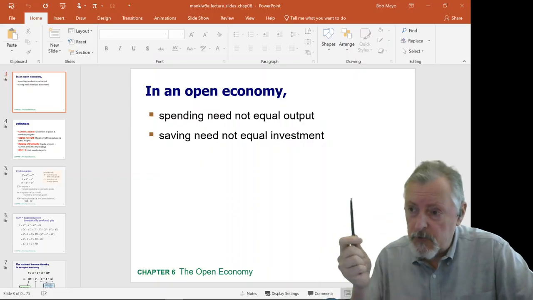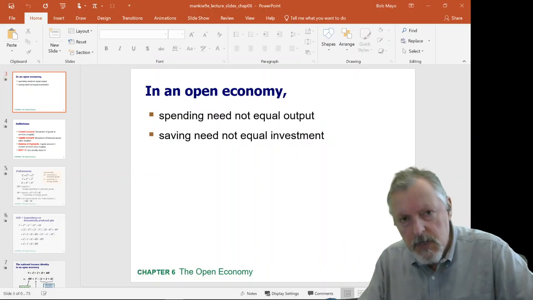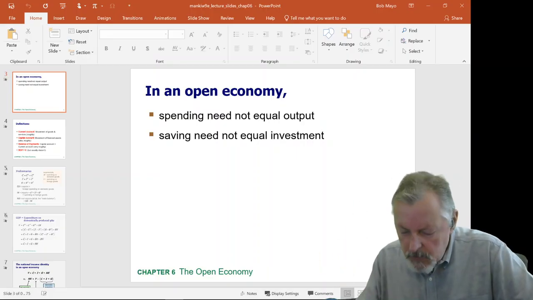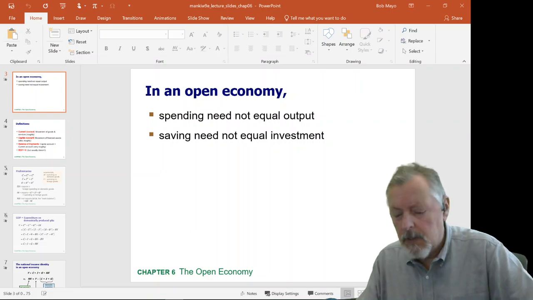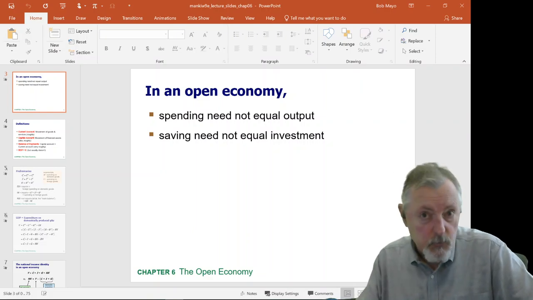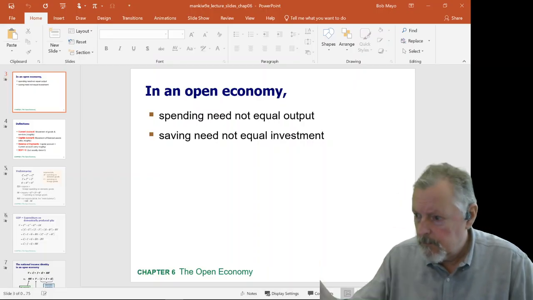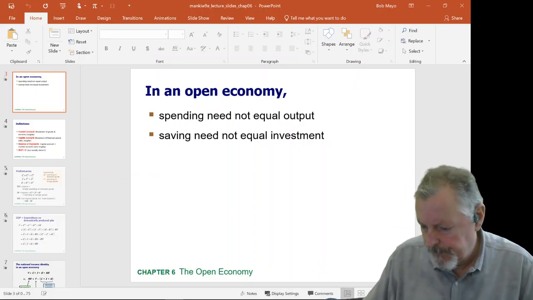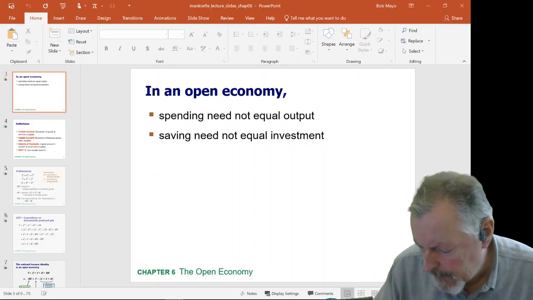changes a couple things. First, if it's a closed economy, you can only consume what you produce, and everything you produce, you will consume.